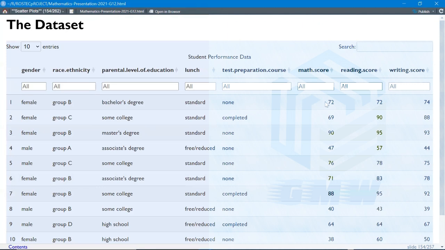Or which of the genders performs better in the subject of maths or reading, right? So gender, race, parental, lunch, test, you see it's in categories, right? It's categorical data. Then maths, reading, this is numerical data, right?